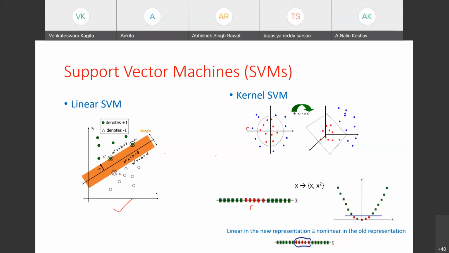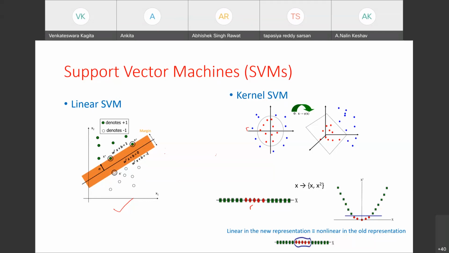You cannot draw a single line or a hyperplane that separates one class from the other class, isn't it? We cannot draw a line. Therefore, the data is not linearly separable, right?